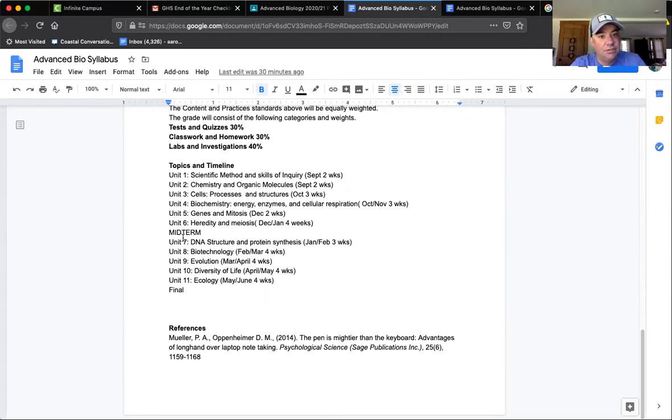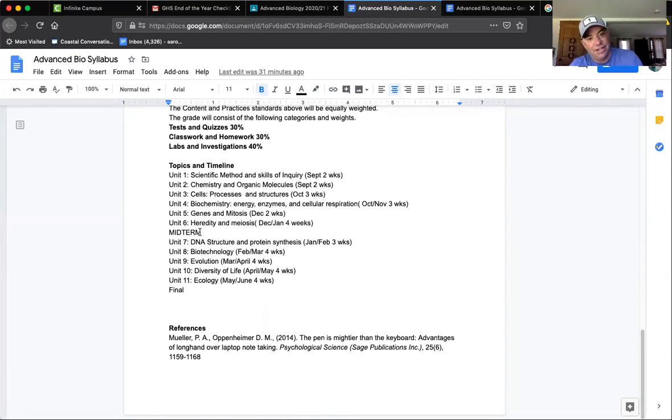Then we get into cells, processes, and structures, where we discuss cellular function on the organelle level, the parts of the cell and how they operate to make the cell work. And then we get into some biochemistry: energy, enzymes, and cellular respiration. So this is energy production within organisms.